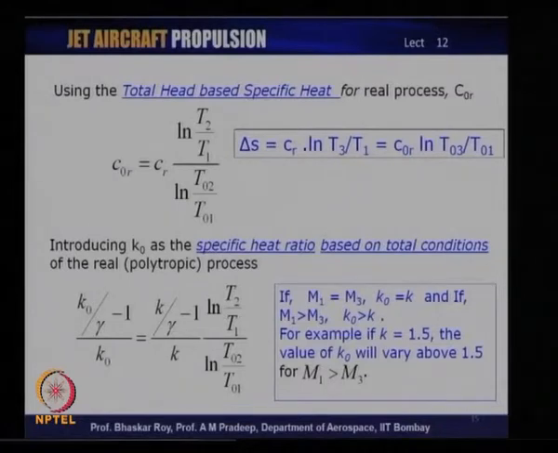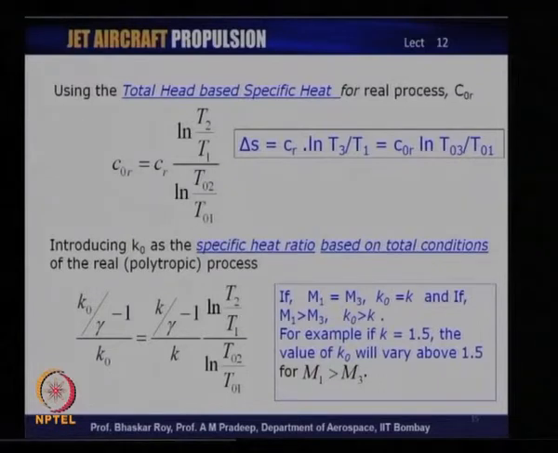Now, that brings us to the point that if we do that, then the specific heat ratio K that we have talked about for a polytropic process also should be shown in terms of the total change of parameters, and we can say it is depicted as K_0 for a real polytropic process.